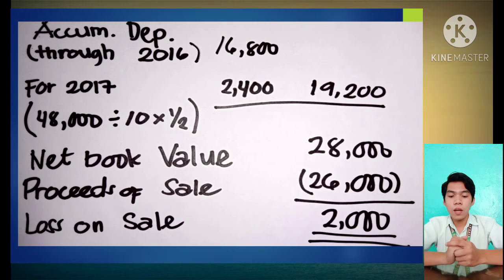So the net book value would amount to 28,000 less proceeds of sale, which is 26,000. So you will have an amount of 2,000 for the loss on sale.